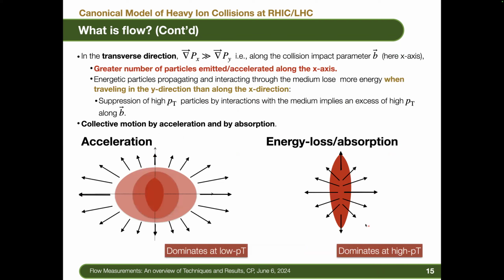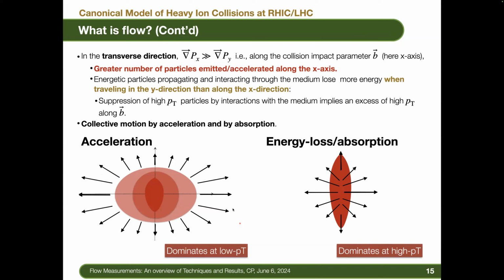So I've already said much of this, but I want to reiterate that there are two basic types of collective motion, one driven by the acceleration, the expansion of the system, schematically illustrated on the left, and one driven by the absorption or the energy loss of high momentum particles.